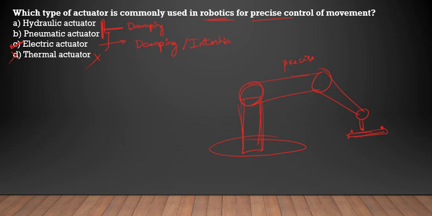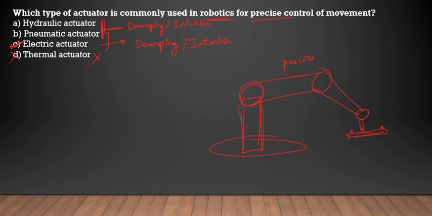I mean liquid in the sense of oil in the hydraulic case, and the inertia which happens due to the movement. So these are very important problems which we face in the hydraulic as well as the pneumatic actuator. But with the electric actuator, this can be avoided and nullified.